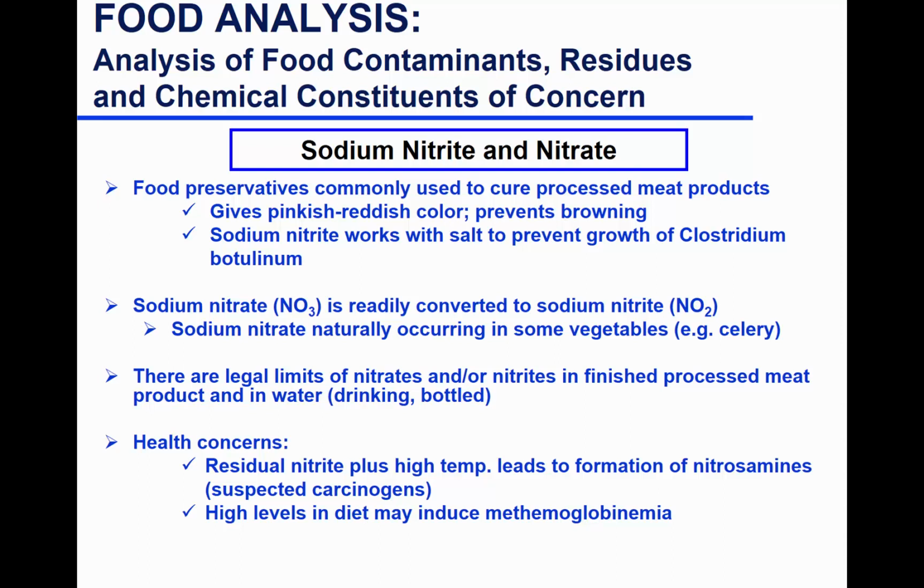Sodium nitrate can be converted readily to sodium nitrite. And sodium nitrate is naturally present in some vegetables. Of course, there are legal limits for them in meat and in water.